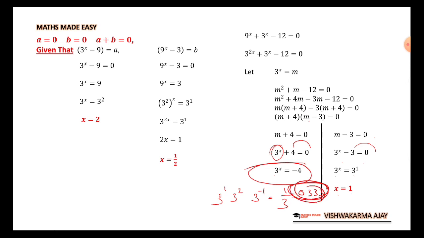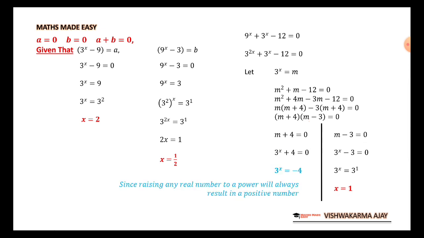So this particular part is an imaginary value. We will stop our work at this point, because this is not going to give us any value for x. So the values for x are 2, 1 upon 2 and 1. Since raising a positive number to a power will always result in a positive number, that's why this part was disqualified.